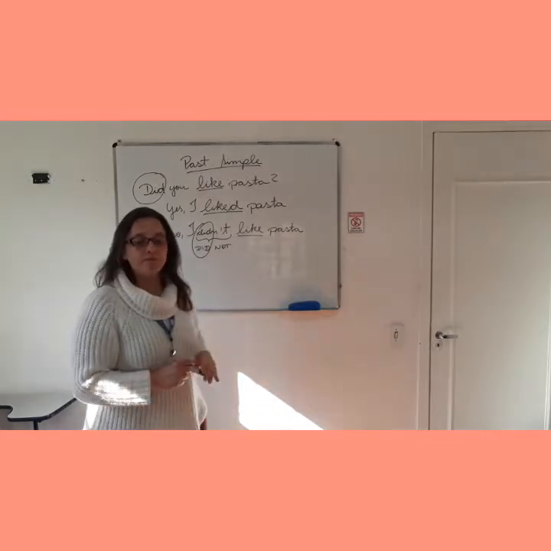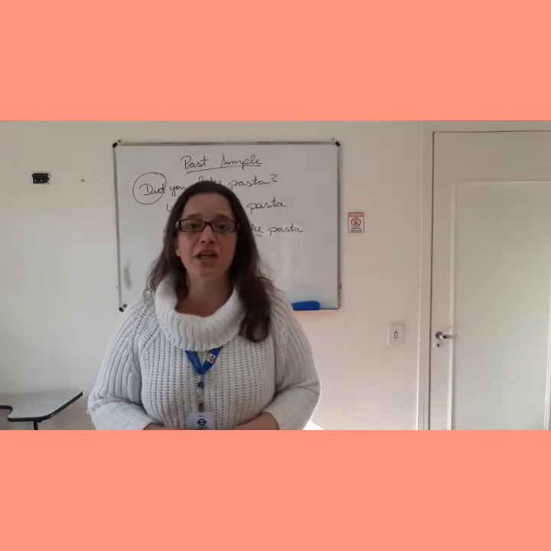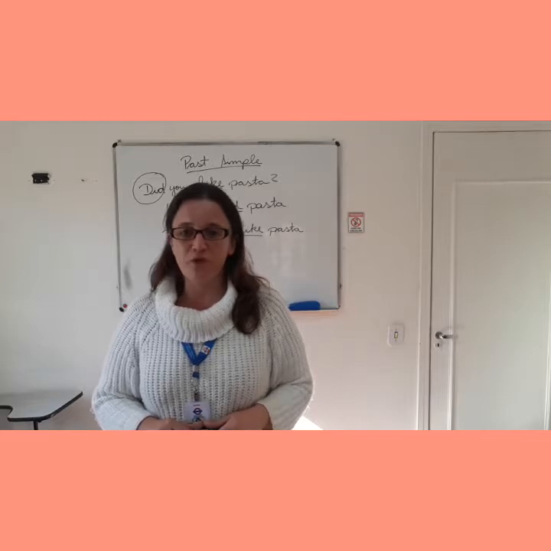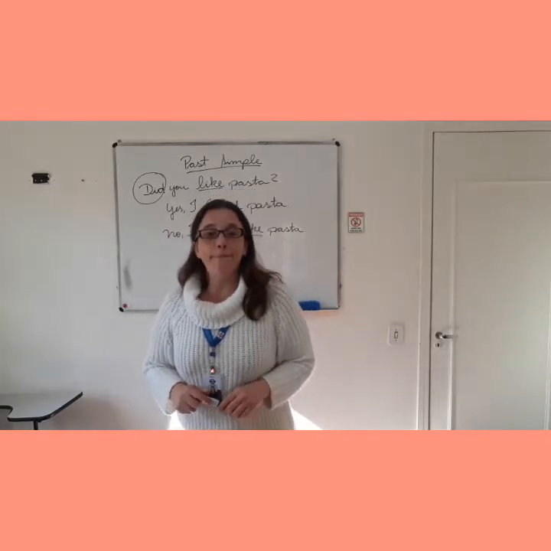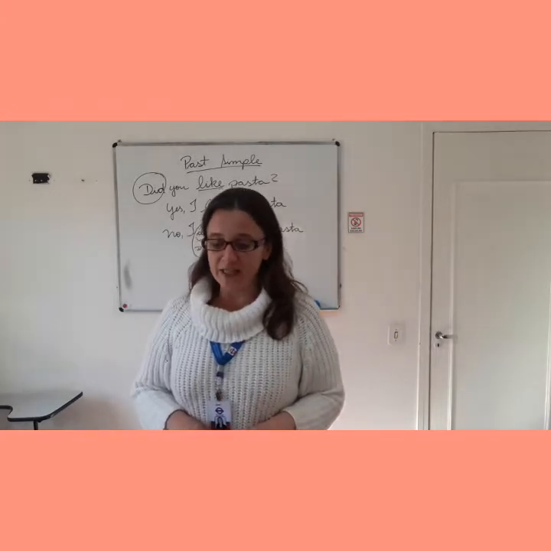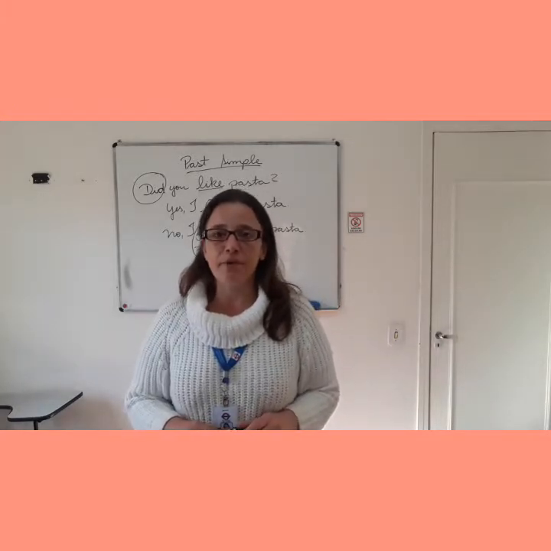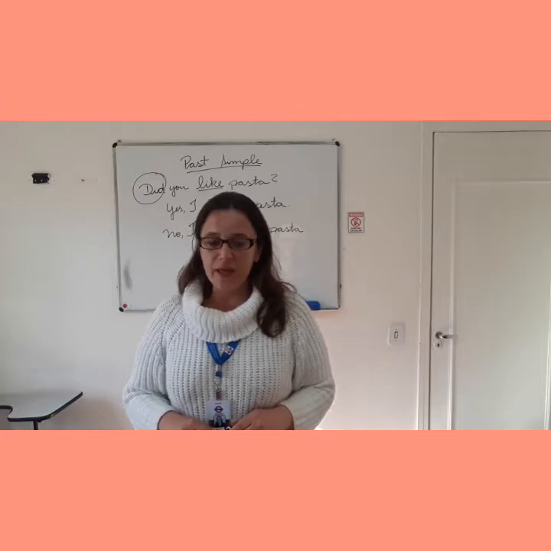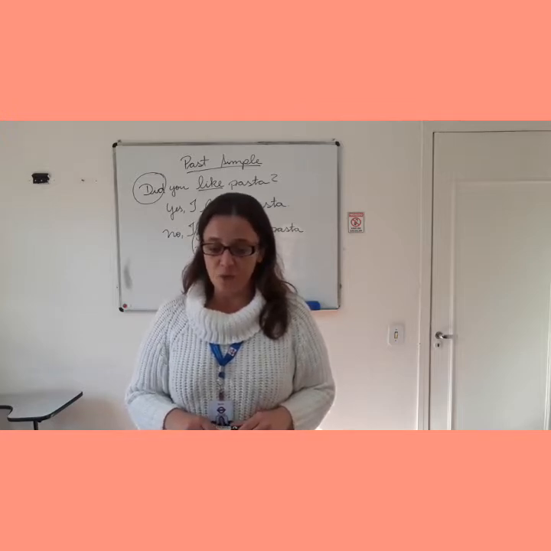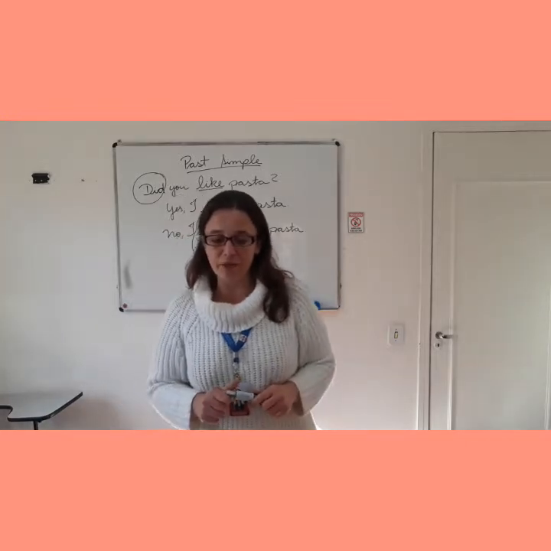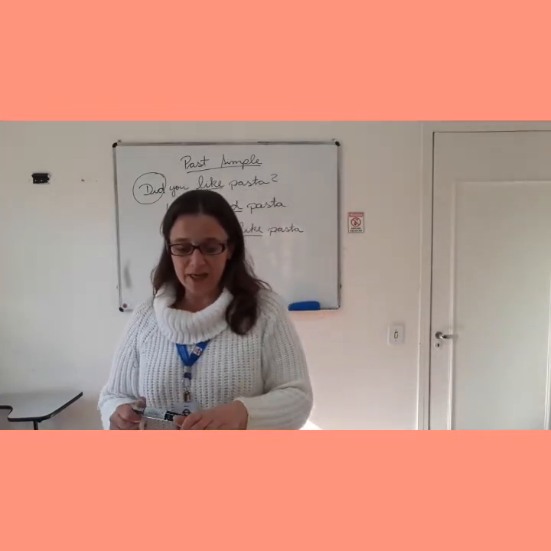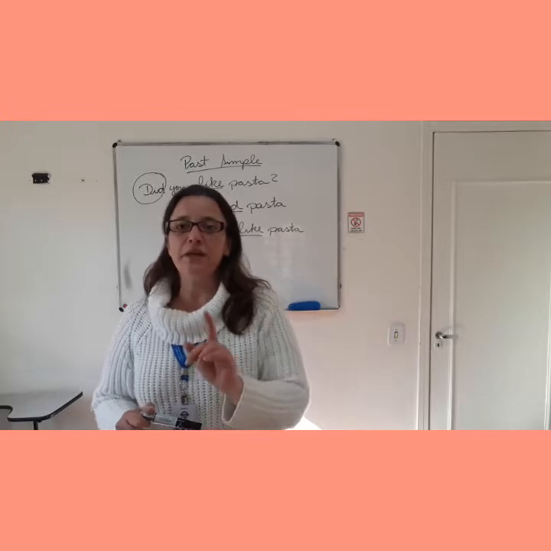Okay? So, let's read the explanation in the book. New grammar point. The past simple tense for regular verbs. When we talk about completed actions in the past, we use the past simple tense. In the affirmative, with regular verbs, we form affirmative sentences in the past simple tense by adding the letters ed to the verb.